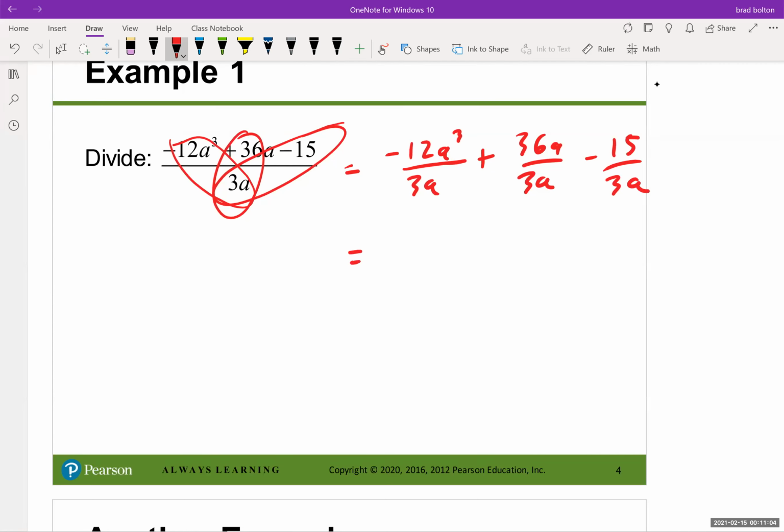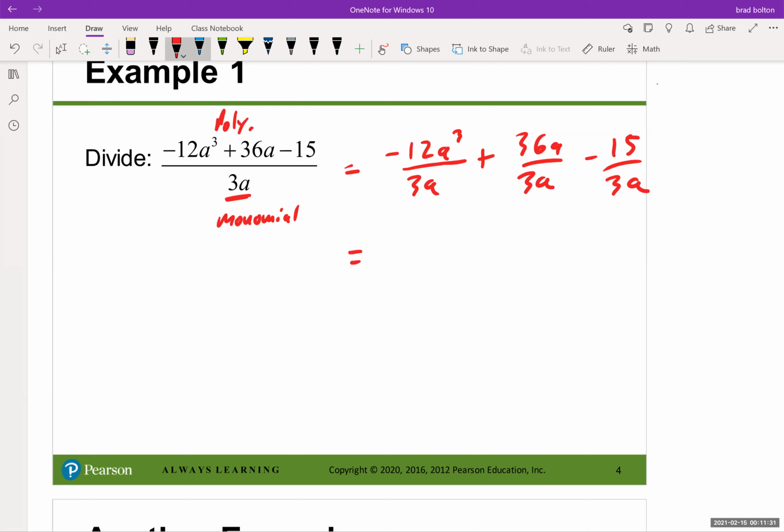That's how I do the work when I'm dividing by a monomial. And we notice that this is a single term, which makes it a monomial, and this is a polynomial. Technically, a monomial is also a polynomial. Think of polynomials as the umbrella that all of these things are. We have monomials, binomials, trinomials, and so on.